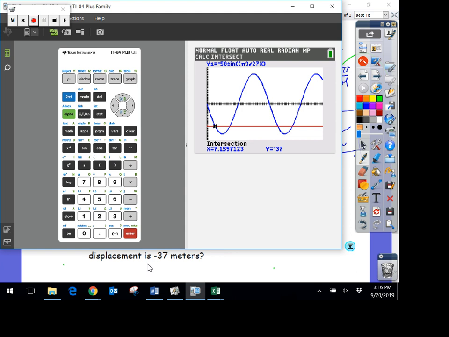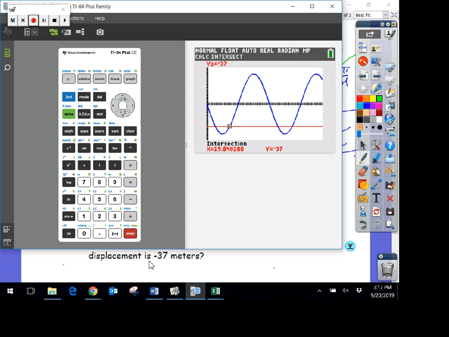So 7.16 or 160, and we're in minutes. And then second trace 5. We need to move over to our next one. Enter, enter, enter. 19.84 minutes.